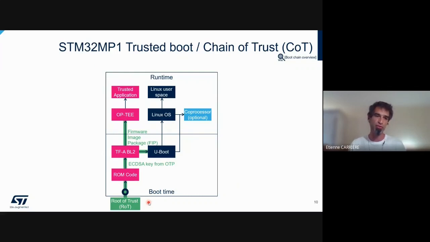The way the root of trust propagates here is that there is a root certificate in the FIP, which is checked by BL2 against the root of trust of the platform, which is some OTPs. So here the FIP is validated straight from the root of trust of the platform. And so BL2, with this FIP, loads the secure world and the non-secure world.